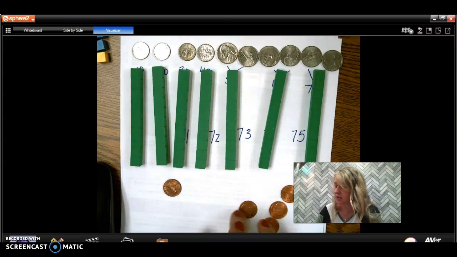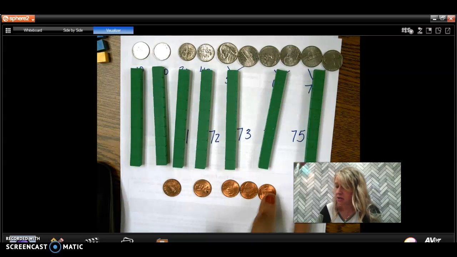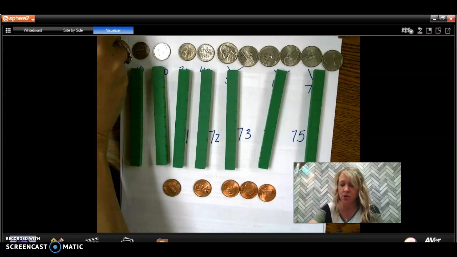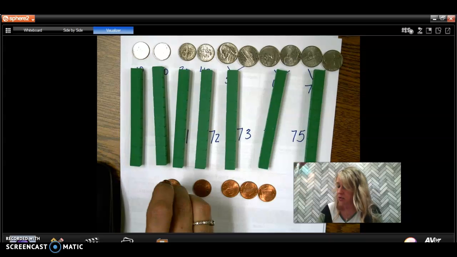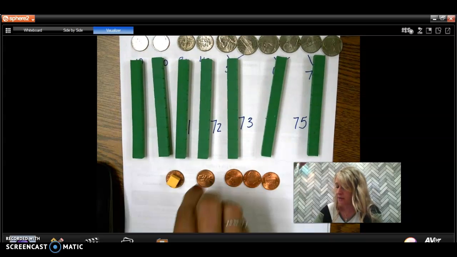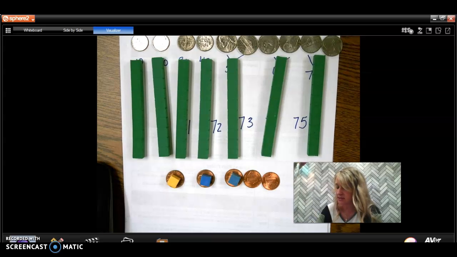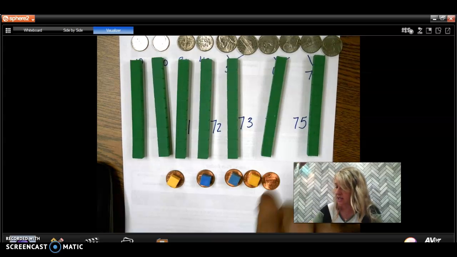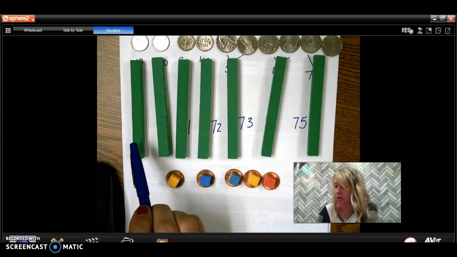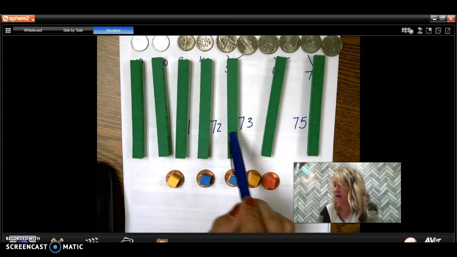Now, let's see about these pennies. Pennies are worth 1 cent. So we are going to put units. A unit is worth 1. This is 1, this is 1, this is 1, and this is 1. Now let's count. How many longs did I use? 1, 2, 3, 4, 5, 6, 7.